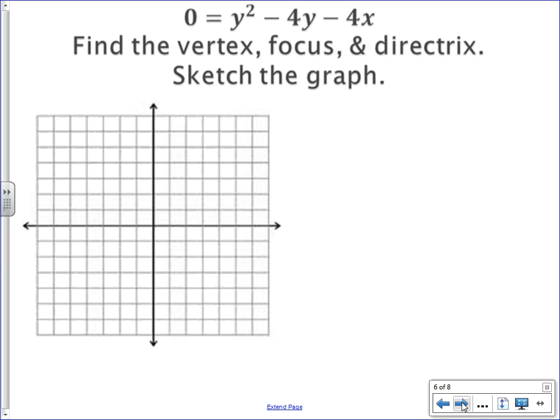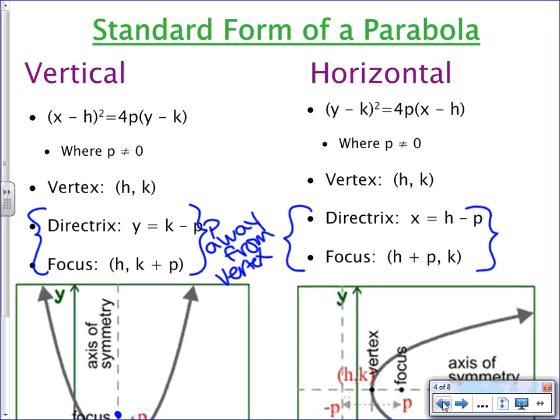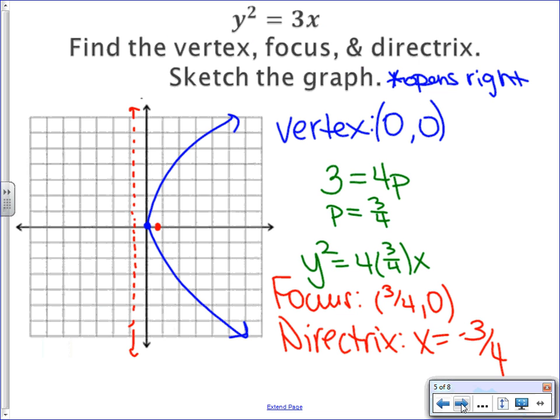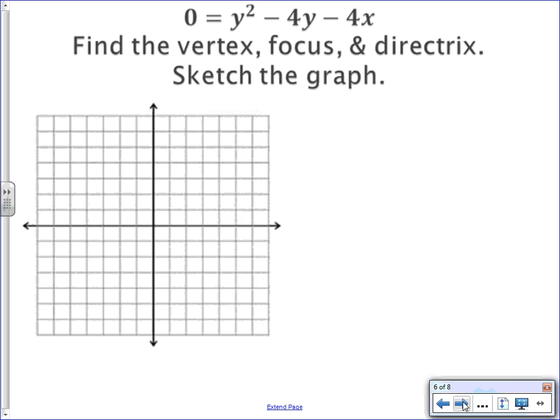What I want you to notice about standard form is that the y's are on one side and the x's are on the other. Do you see that? So what I'm going to do with our equation is keep the y's on one side, but move my x's to the other side.